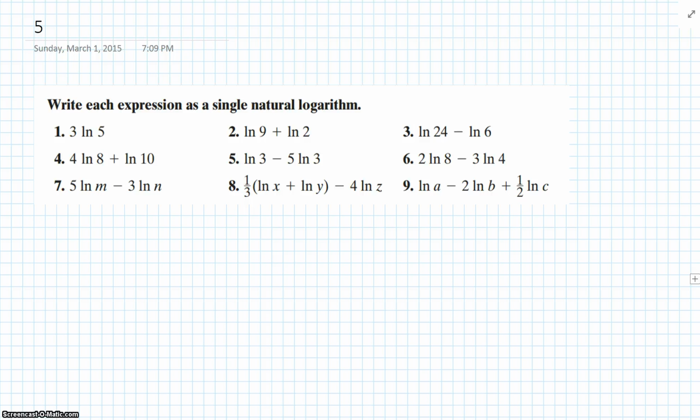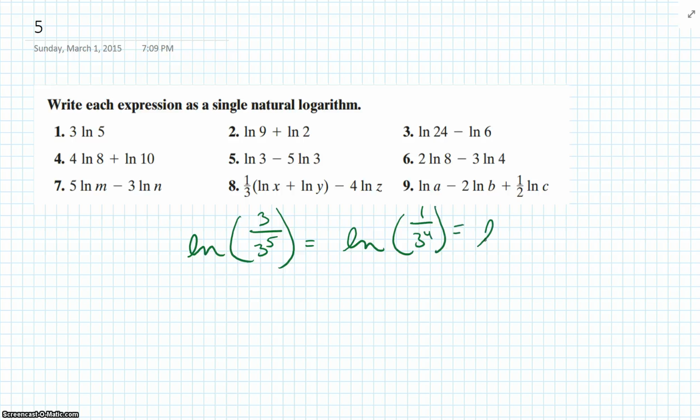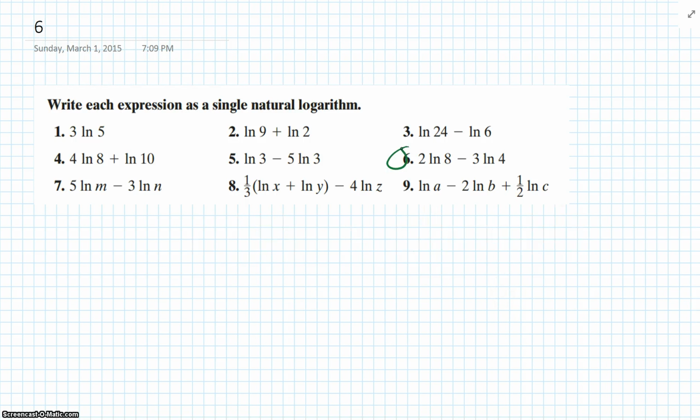Okay, number 5. Natural log of 3 minus 5 natural log of 3. So that would be the natural log, the positive number goes on top, 3, and the bottom number is 3 to the 5th. So we could actually rewrite that as the natural log of 1 over 3 to the 4th, which would be the natural log of 1 over 81. Okay, number 6.